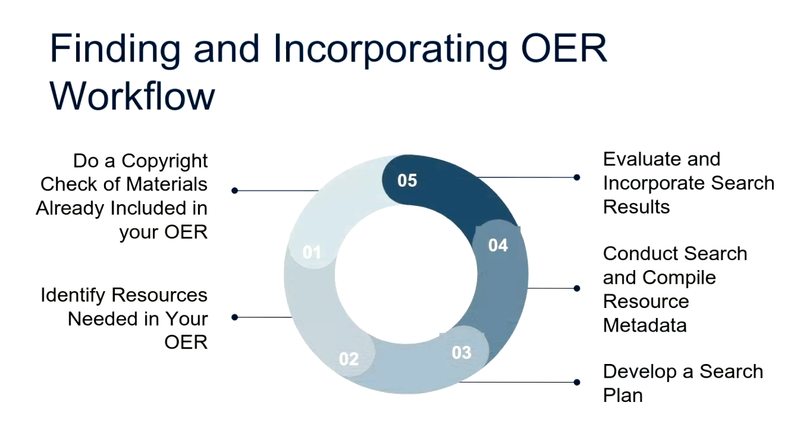So when you're finding and incorporating OER into your work, these are the 5 ways that you should follow a sort of workflow in order to develop a process that is going to be successful at the end, with you assigning the license and letting it be accessible to the general public.